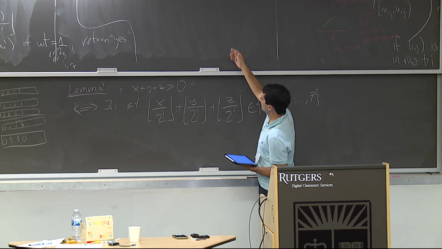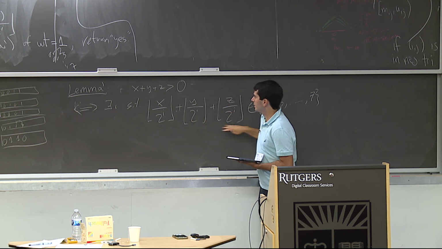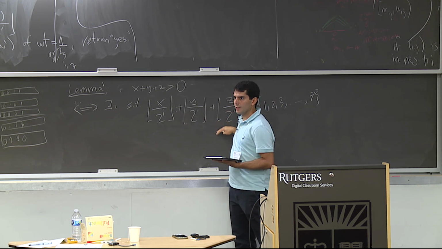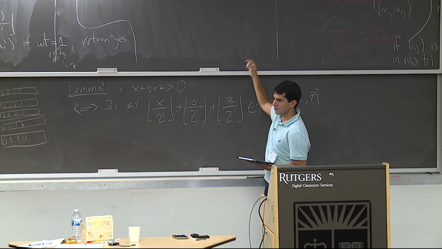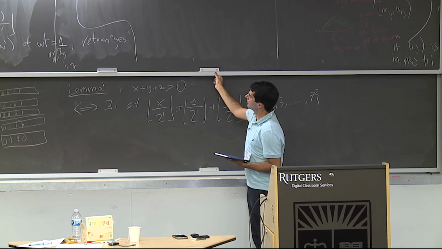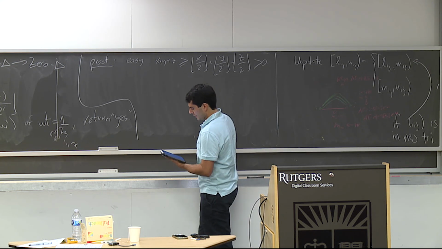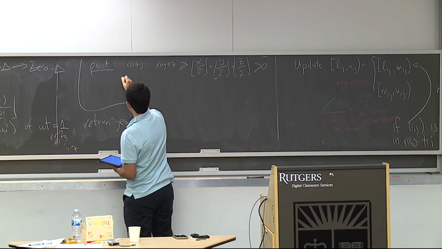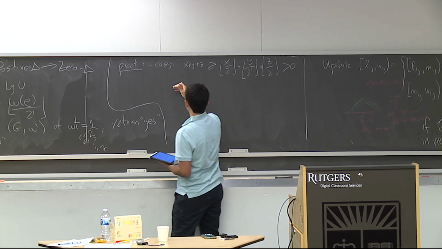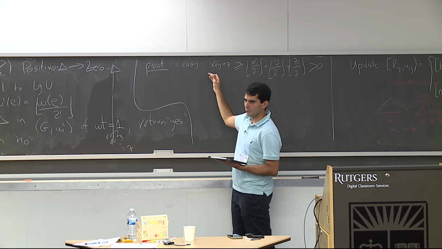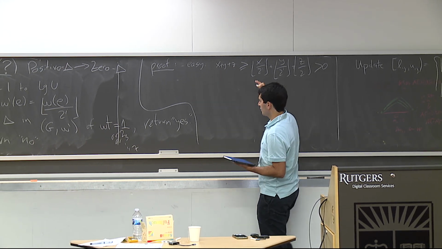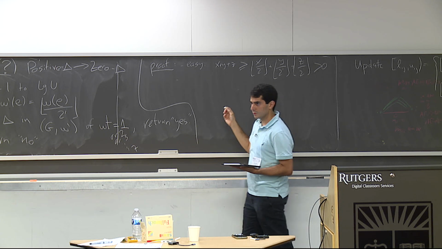And the first direction is easy. If the sum truncated is positive, then of course the original sum is positive. And then for the second direction, suppose that the sum is positive. Let me show you that there will be an I for which it's going to be positive.